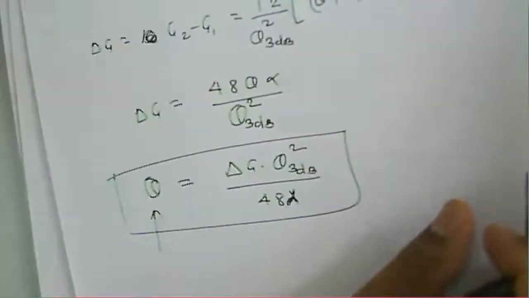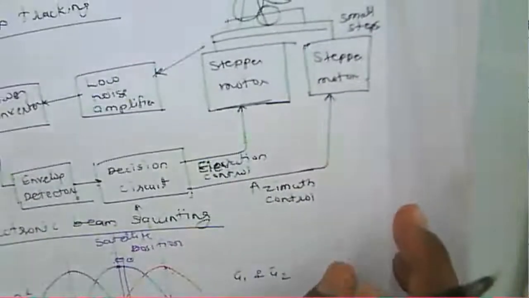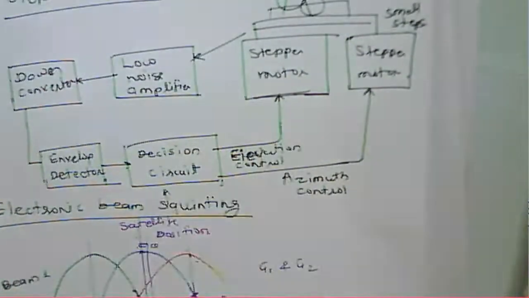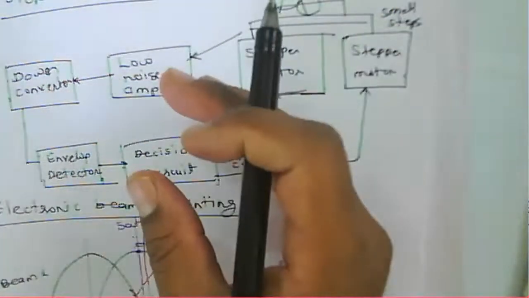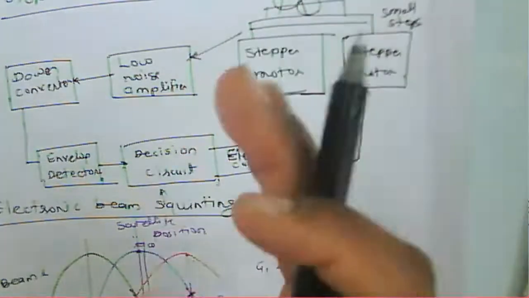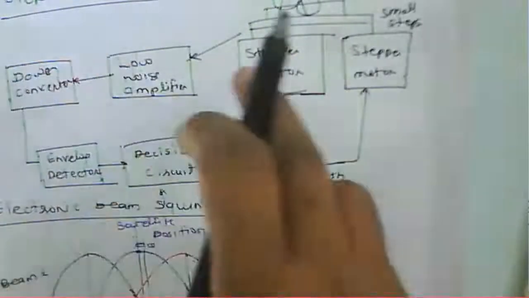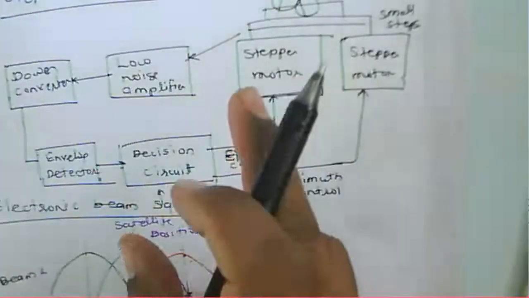Then another example is smoothed strip tracking. We have seen earlier that there is strip tracking here. In smooth strip tracking, whatever prediction data is there, that predicted data is to be given to the strip tracking input, and according to that we can achieve smooth tracking.